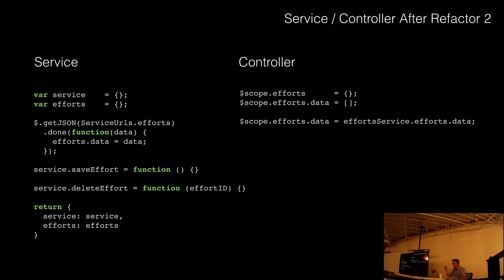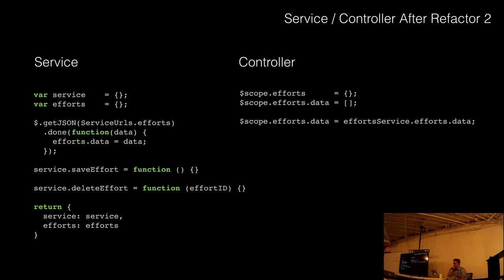And so in this example on the left, you can create 2 objects inside of your service. One is the service itself, or methods for saving, deleting, whatever you need to do. In this one, the service will load once, and you immediately go get the data, and then you save that to the data that you want inside of your service.